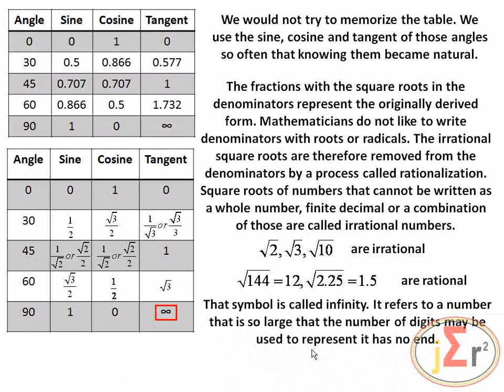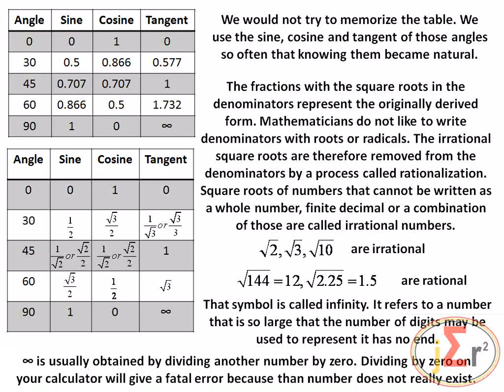What about that one? That symbol is called infinity. It refers to a number that is so large that the number of digits that may be used to represent it has no end. So that is what infinity is. So large, it cannot be represented by a finite number of digits. Infinity is usually obtained by dividing another number by 0.